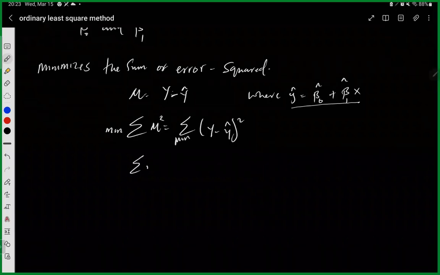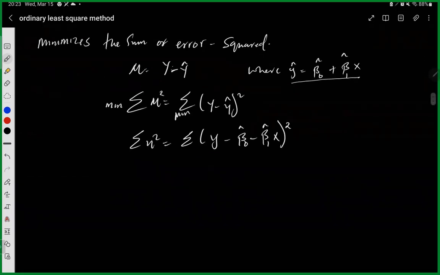So intuitively what we are doing is minimizing y minus beta naught hat minus beta 1 hat x, all squared, replacing y hat with this. Now, the concept of minimization is a calculus concept.